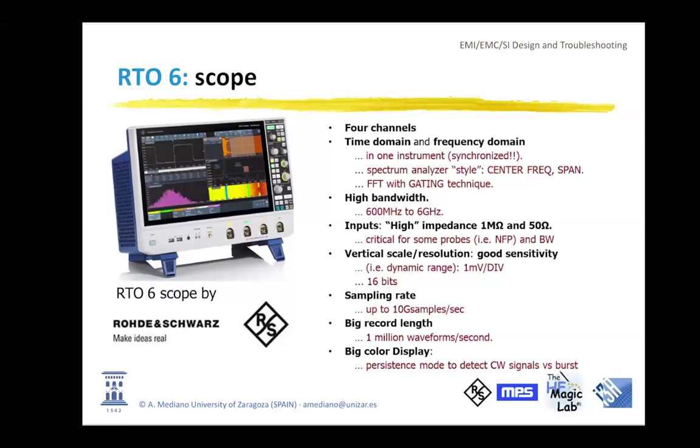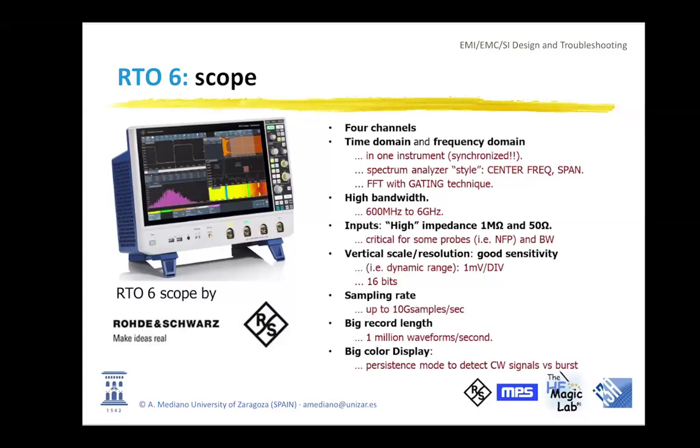The bandwidth of the oscilloscope usually must be, for radiated emissions, at least the maximum frequency you want to measure, 1 gigahertz, 6 gigahertz, something like that. And you need to have a good FFT. With a good FFT, you don't need the spectrum analyzer for debugging, and you will be able to work very easily like you will see in the demos.